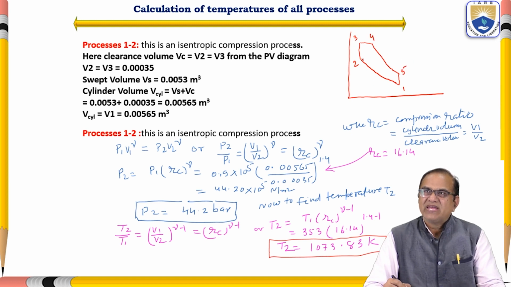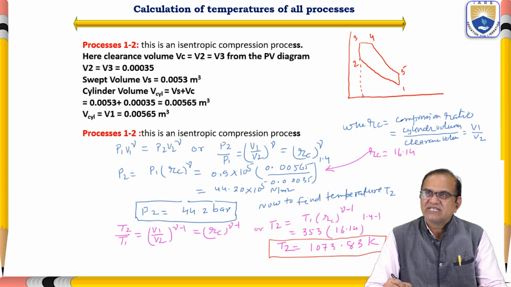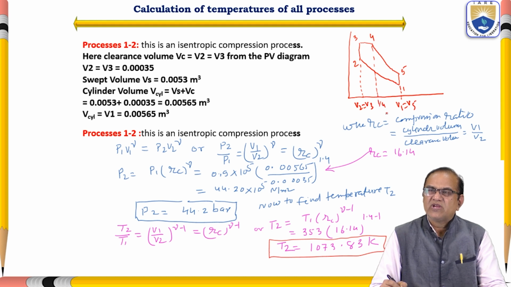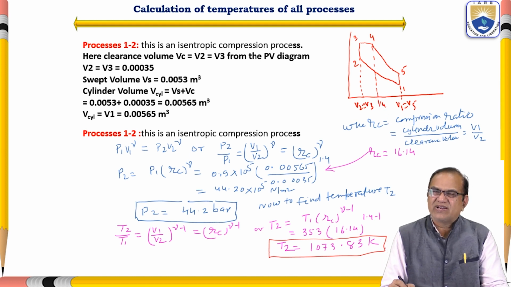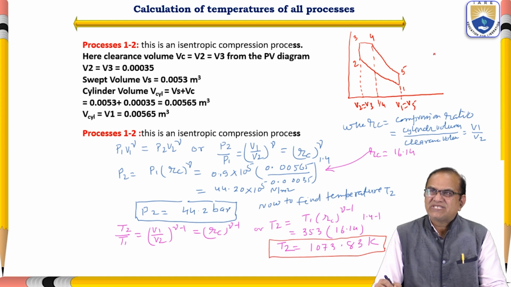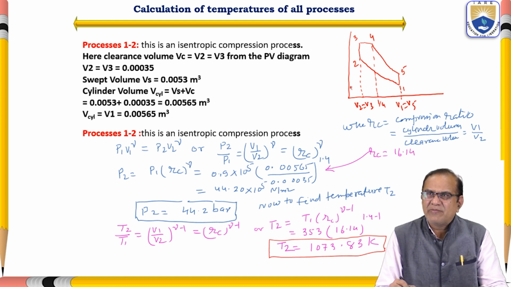Okay, so here this is a constant volume process. Here V1 is equal to V5 and here V2 is equal to V3 and here is your V4. So if we draw one piston and cylinder, just I am drawing here, you can see here.